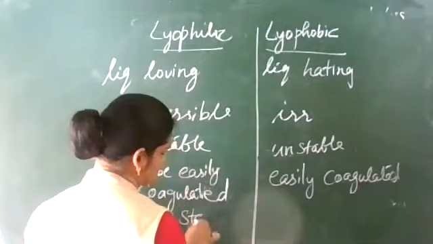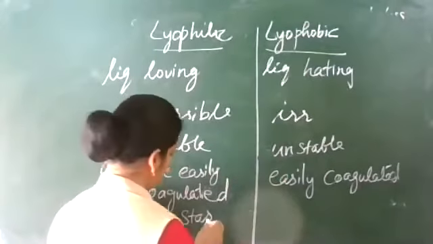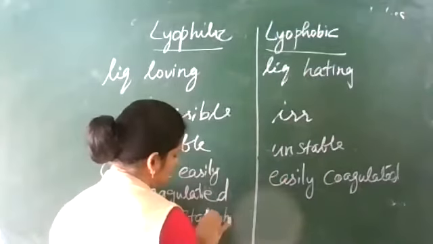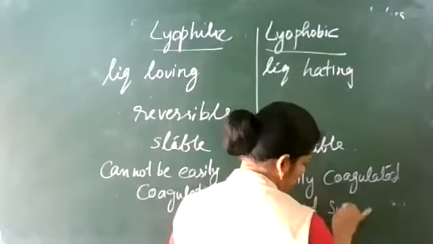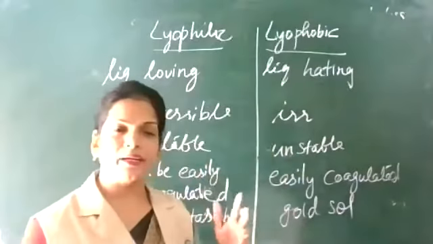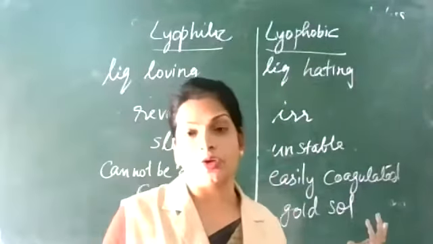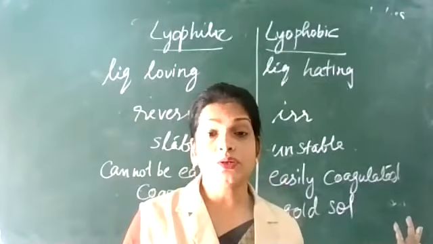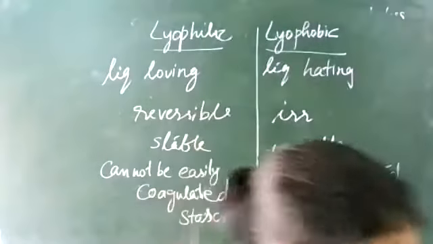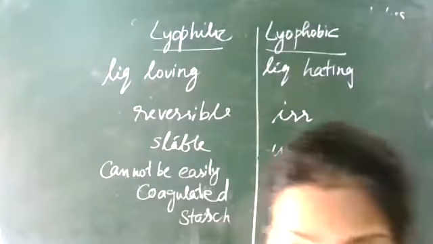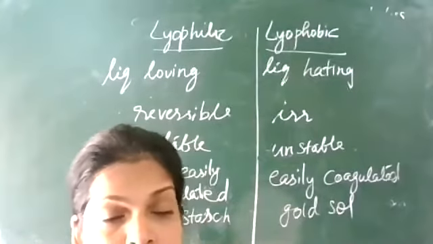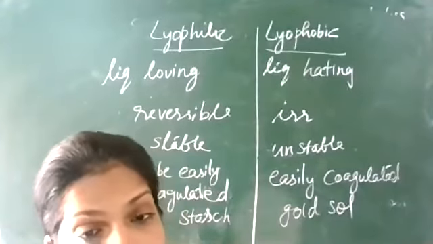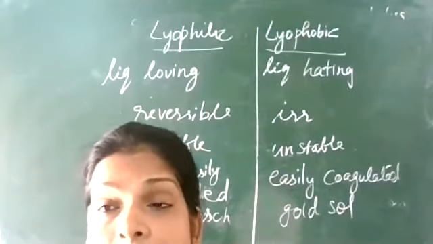Examples: starch solution, starch gum. Here, gold particles, very fine particles dispersed in water, are called a gold sol. If the dispersion medium is alcohol, we call it an alcosol. If the dispersion medium is water, we call it a hydrosol or aquasol.